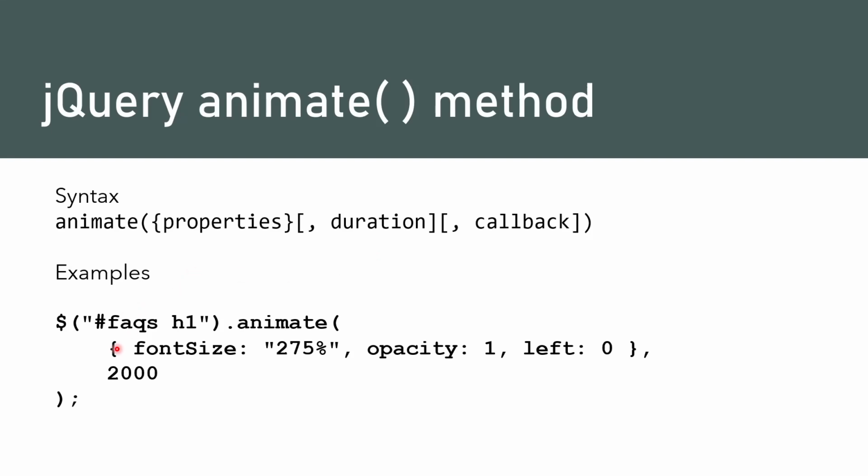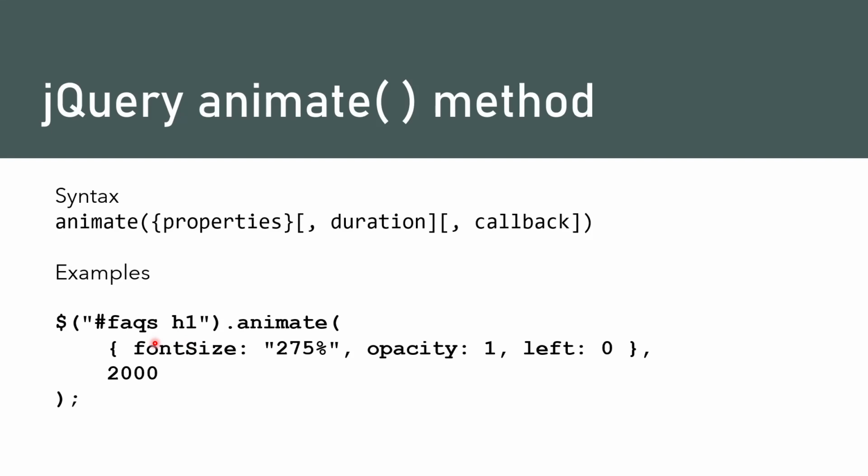So here's an example that selects any H1 elements that are descendants of the element with the FAQs ID, and it starts an animation to change the CSS to a font size of 275%, the opacity to 1, and this left property to 0.